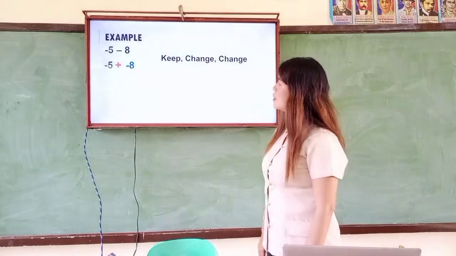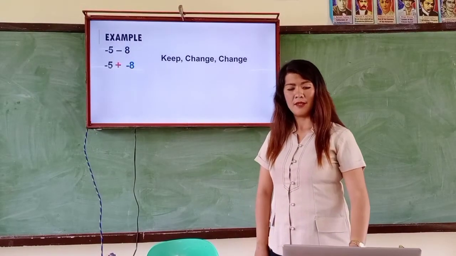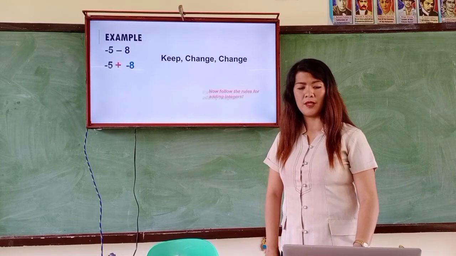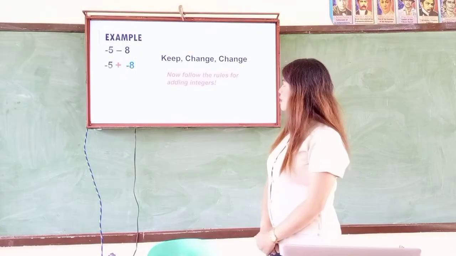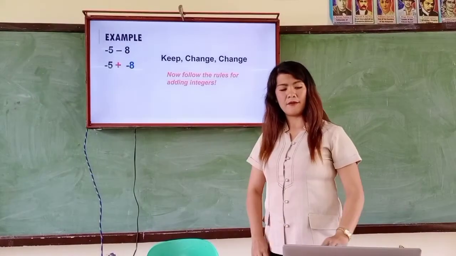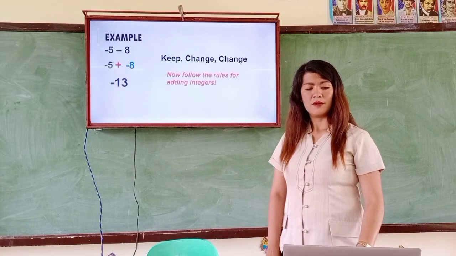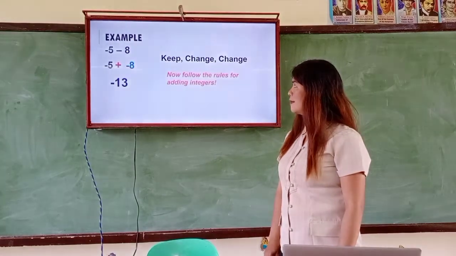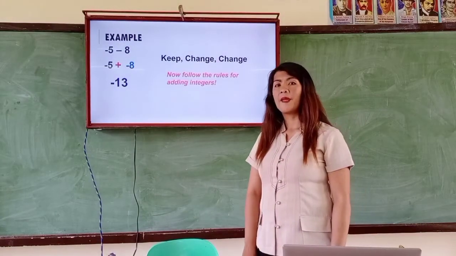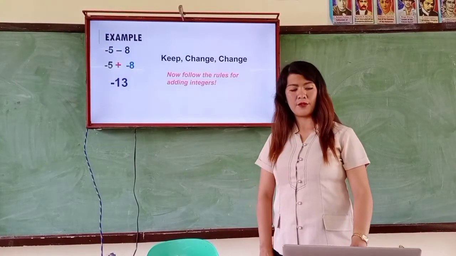So that becomes -5 plus -8. And then follow the rules for adding integers. So we have -5 plus -8, that is equal to -13. So -5 minus 8 is equal to -13.